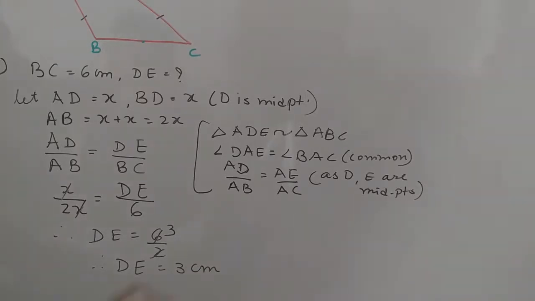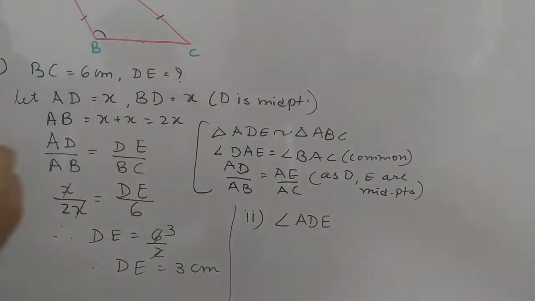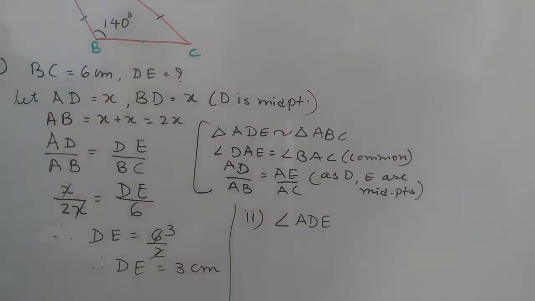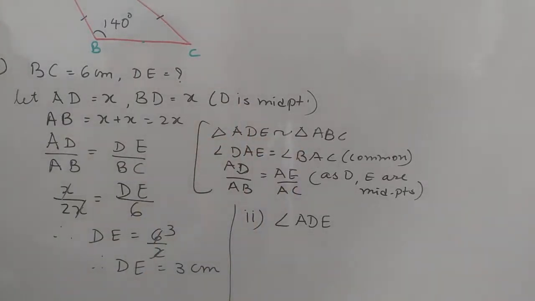Also in the second part it is asked to find the value of angle ADE. And angle DBC in the figure is already given as 140 degrees. So we want to find this angle. So already we have proved here that ADE is similar to ABC. So we can write, if the triangles are similar, their corresponding angles are equal.